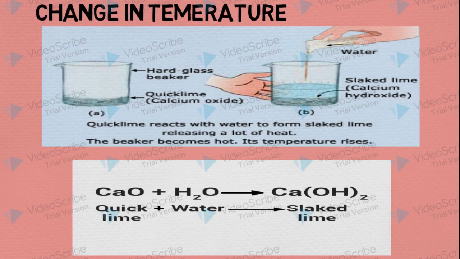So rise in temperature or change in temperature also indicates that a chemical reaction has taken place. This is a type of combination reaction as two reactants are combined to form a single product. Calcium oxide and water react to form calcium hydroxide or the slaked lime.